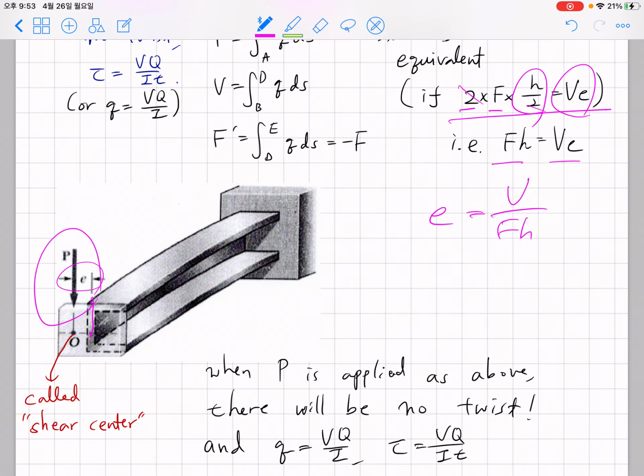We call this position the shear center, and typically the problem asks you to obtain the shear center. After obtaining the shear center, use this equation to obtain the shear stress distribution. Okay, so let's try to solve one example problem based on this primary discussion.